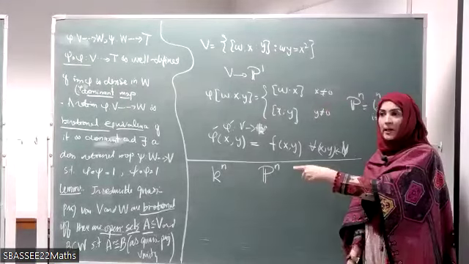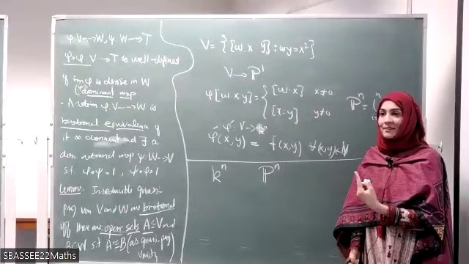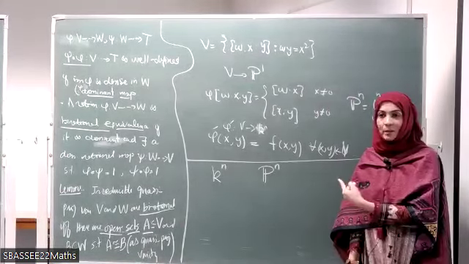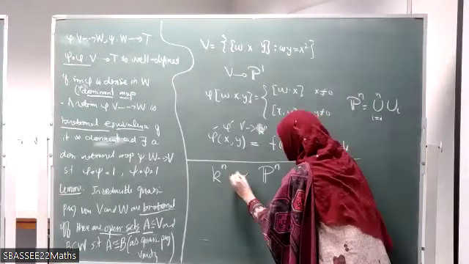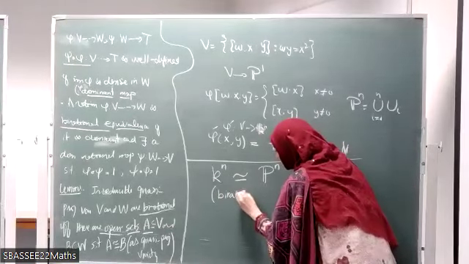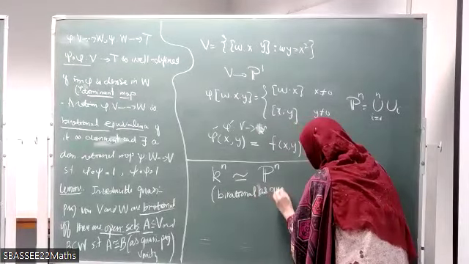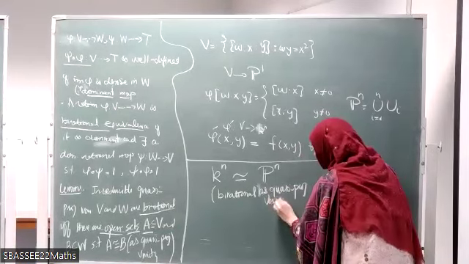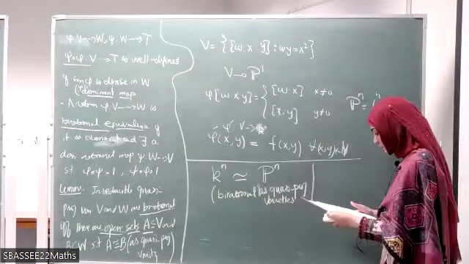This is an affine variety, and this is a projective variety, but they are actually birationally equivalent as quasi-projective varieties.